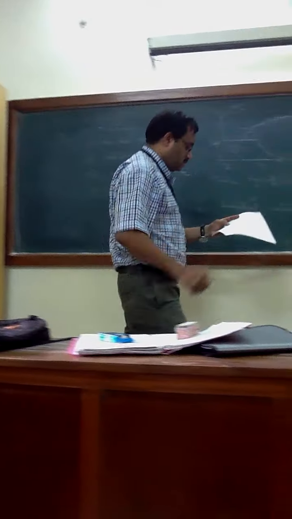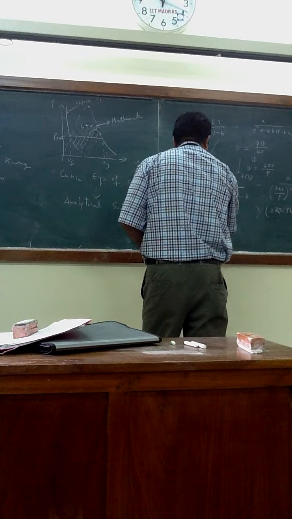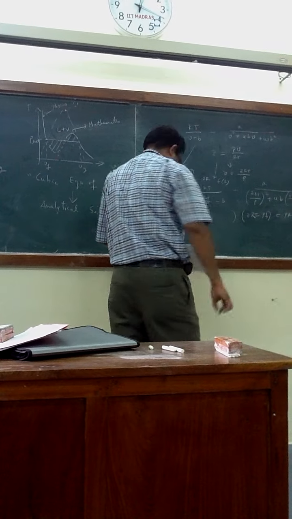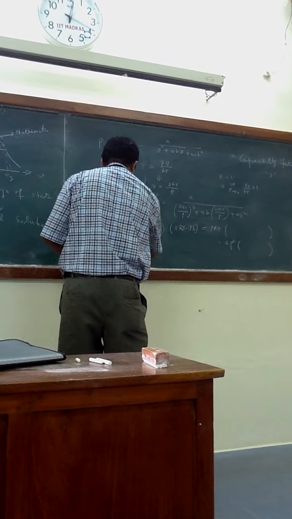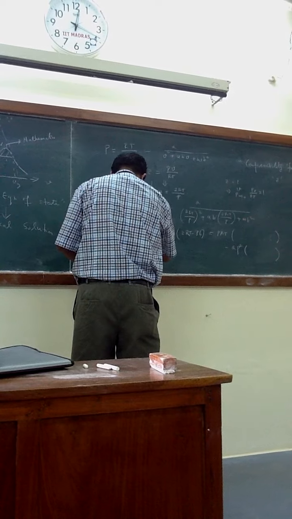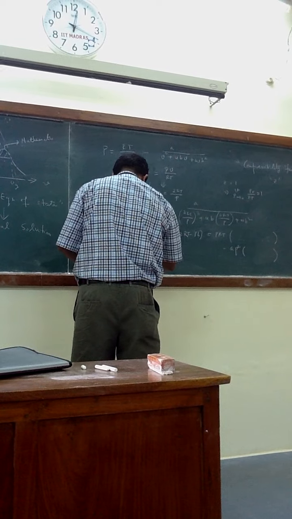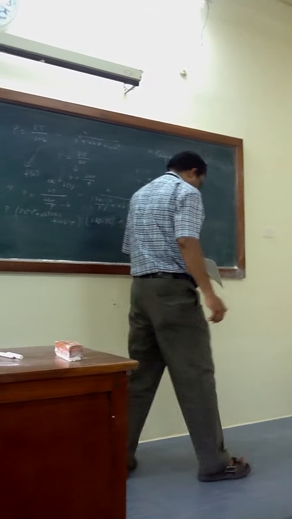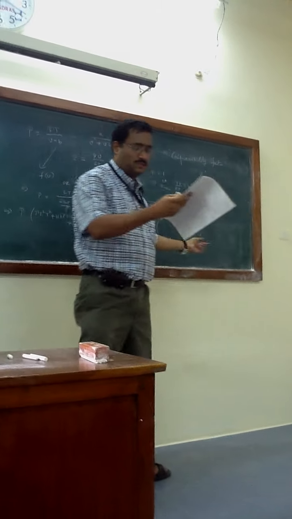Z square R square T square, plus UB P Z RT, plus WB square P square, and then next this term, there goes 3 terms here and 2 terms there.